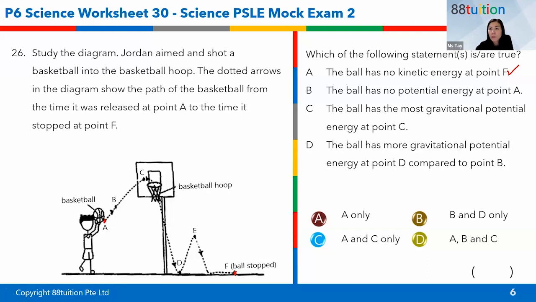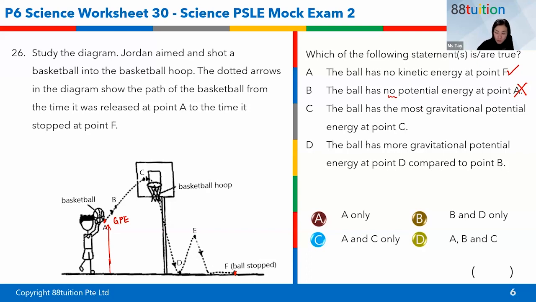Yep, correct. There is, of course, because it is at a certain height above ground. Due to the height above ground, definitely at this point there will be gravitational potential energy. I put down GPE, gravitational potential energy. Yes, Tammy, you're right. So saying that it's a no is wrong.